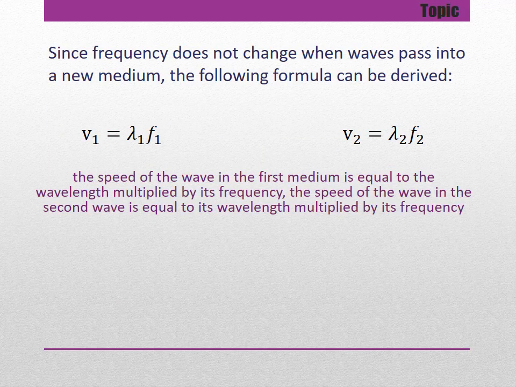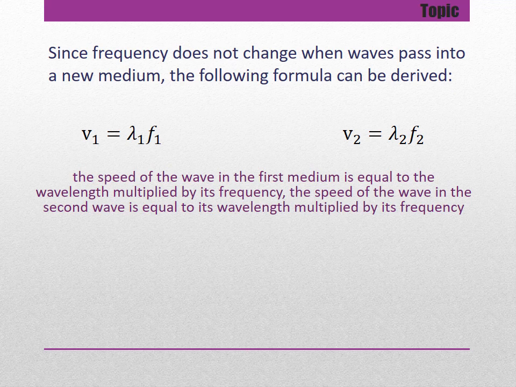Since frequency does not change when waves pass into a new medium, the following formula can be derived. The speed of the wave in the first medium is equal to the wavelength multiplied by its frequency, and the speed of the wave in the second medium is equal to its wavelength multiplied by its frequency. Since frequency does not change, I'm going to rearrange each of these formulas to solve for frequency.